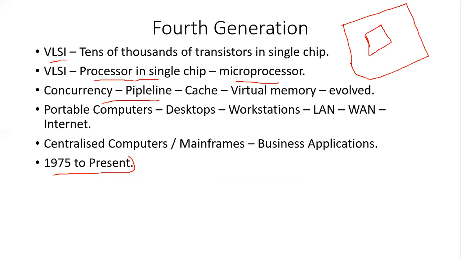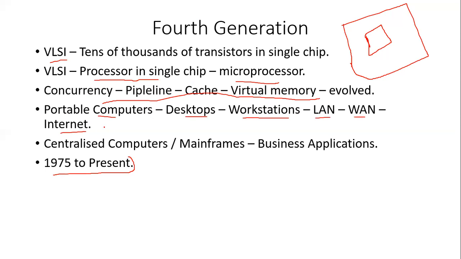They were introduced in the third generation, but with technology improving, these concepts were also evolving, and computers started becoming very small. So we have portable computers like laptops, desktops, and workstations for performing powerful graphics-related tasks. There were LAN and WAN, local area networks and wide area networks, and the availability of the World Wide Web and Internet starting from the mid 1990s.